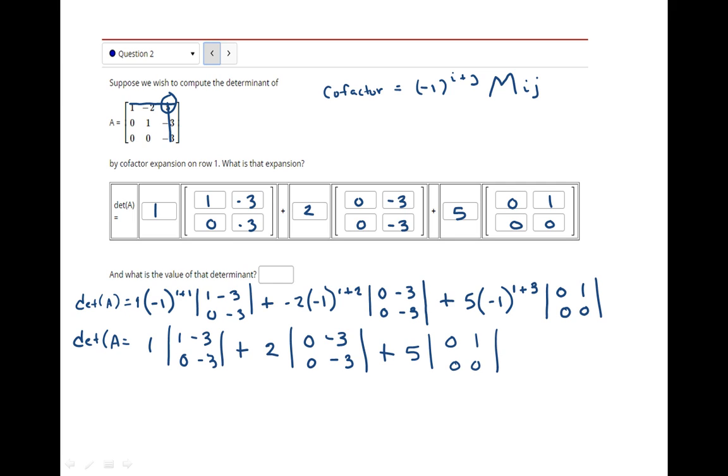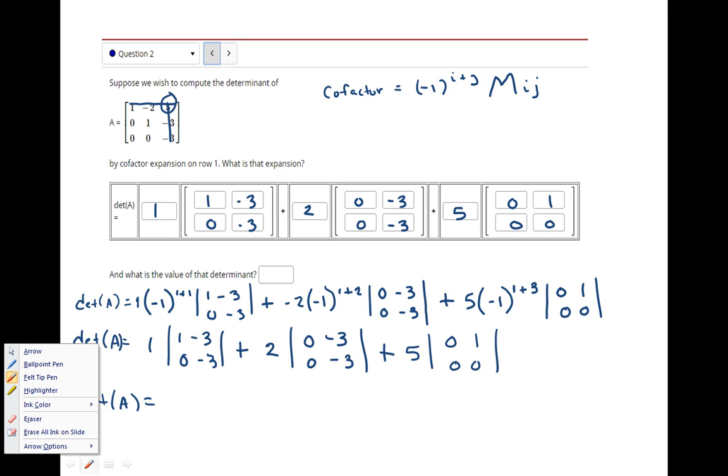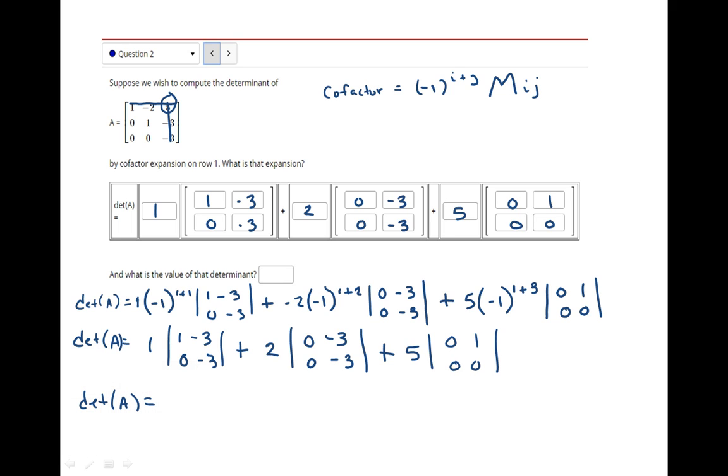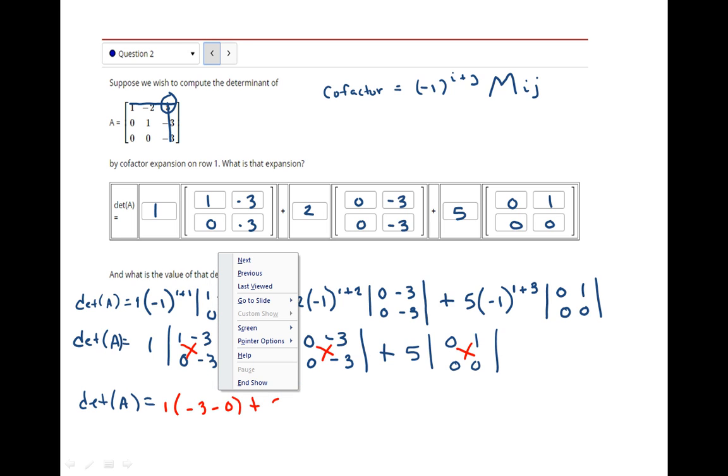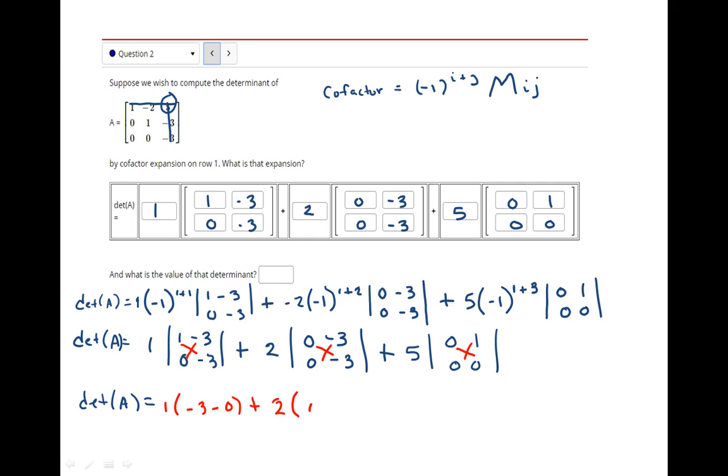And so now we can find the determinant of A. And so just notice that now we're going to want to subtract this, subtract this, subtract this. So 1 multiplied by negative 3 minus 0 plus 2 times 0 minus 0 plus 5 times 0 minus 0.